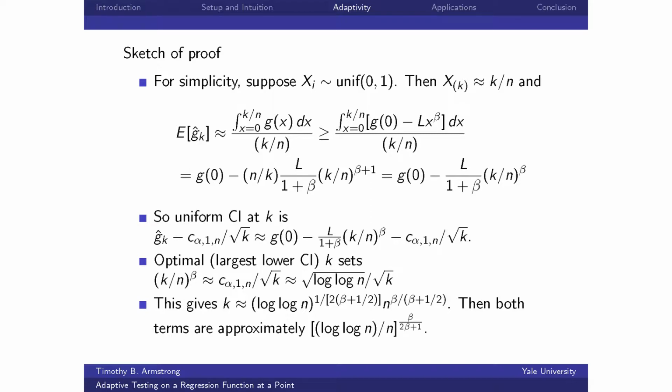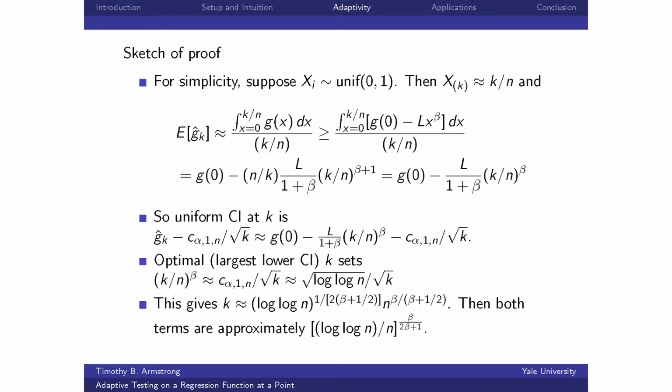But basically, this is just like Pagan and Ullah or Hölder or whatever nonparametric textbook you like, and we're just doing the k-nearest neighbor version of it. When we do the bias and variance trade-off, we're replacing the root n with this critical value that's root log n over root n, and then it's pretty much the same thing.